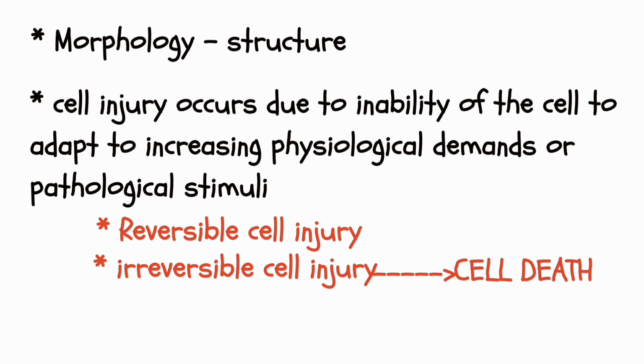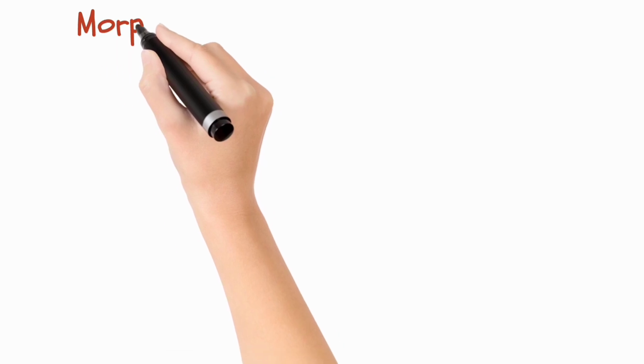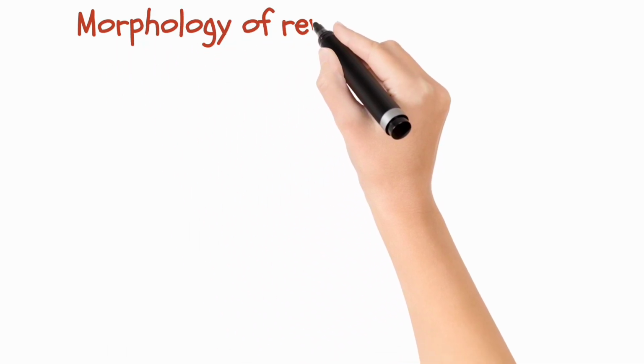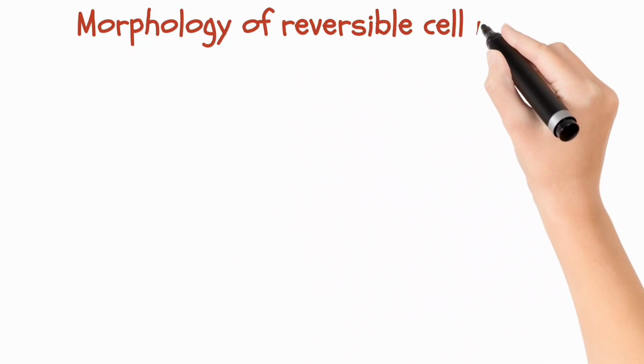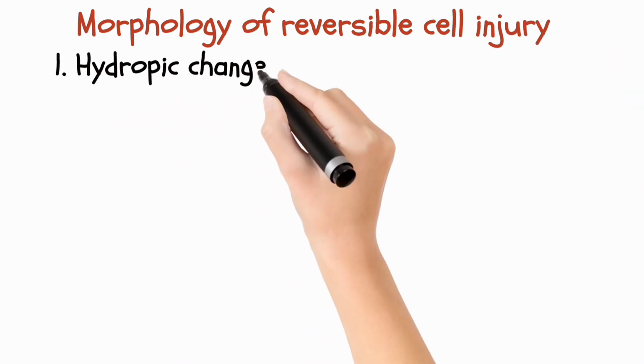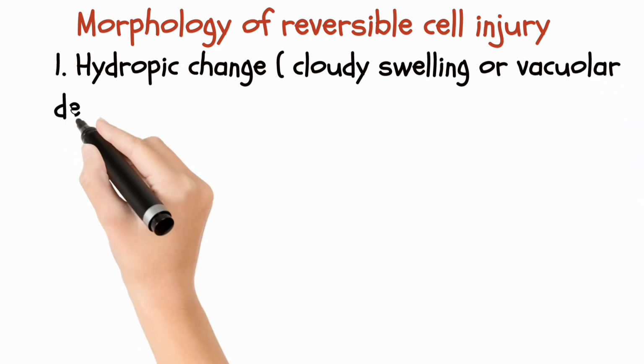So we have discussed the molecular and biochemical mechanisms of cell injury caused by ischemia. We now turn to the light microscopic morphologic changes of reversible and irreversible cell injury. The morphologic forms of reversible cell injury are classified under this heading. Number one is hydropic change, which is also known as cloudy swelling or vacuolar degeneration.